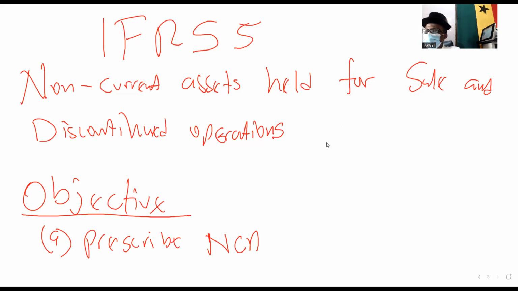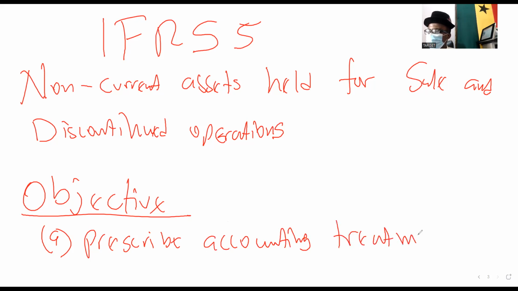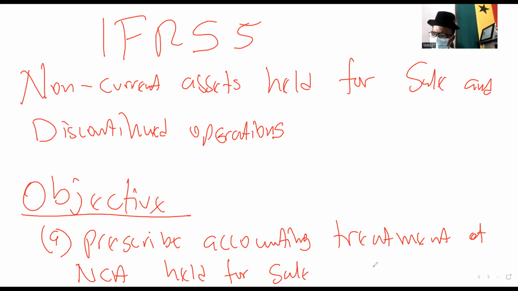So to prescribe non-current assets held for sale, we say accounting treatment, or accounting for, non-current assets held for sale.